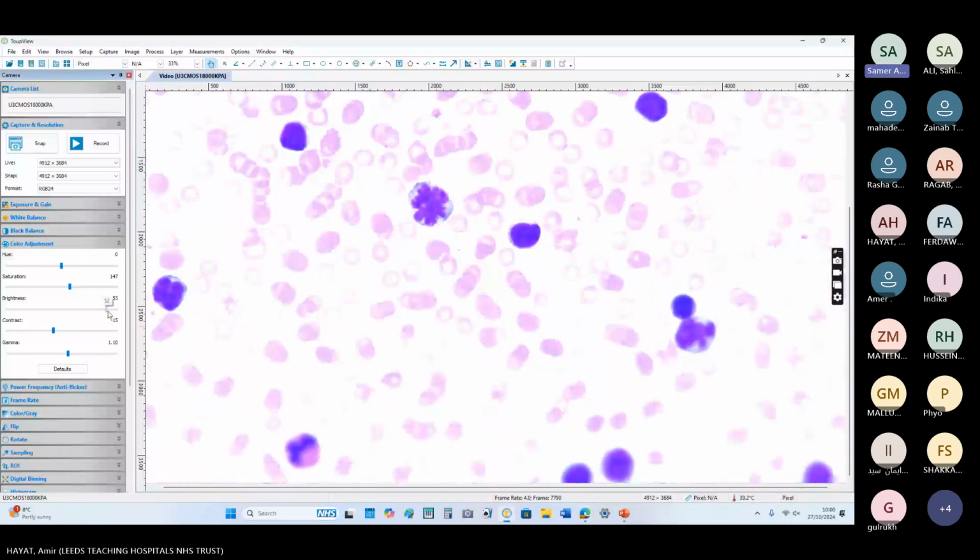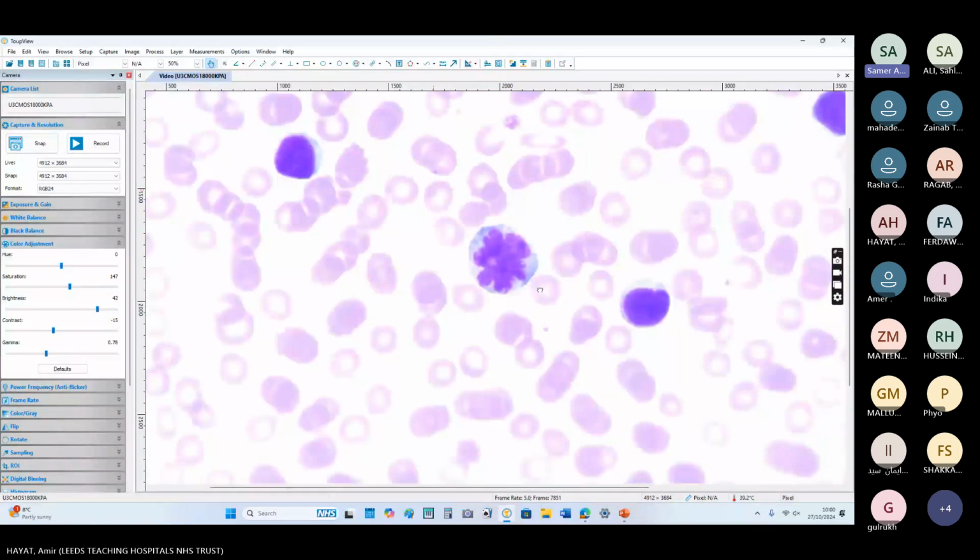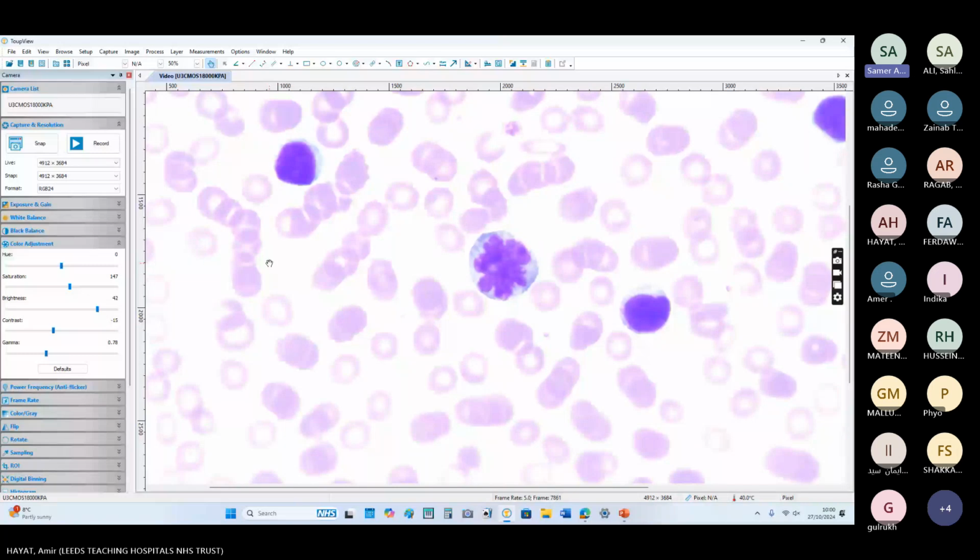I think we have some dimorphic picture here with these more mature, smaller and more condensed chromatin cells, and others are a bit more medium to large size. Oh, this one is really. Could that be Sézary? I don't know. Oh, no. Sézary are not like this.